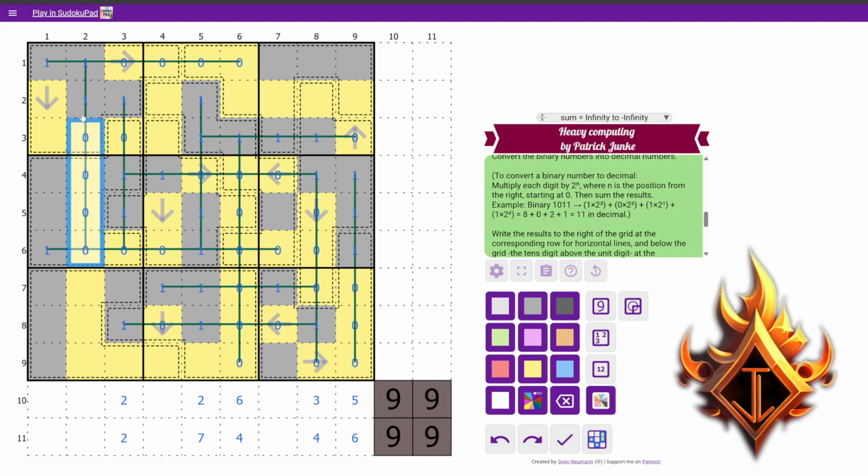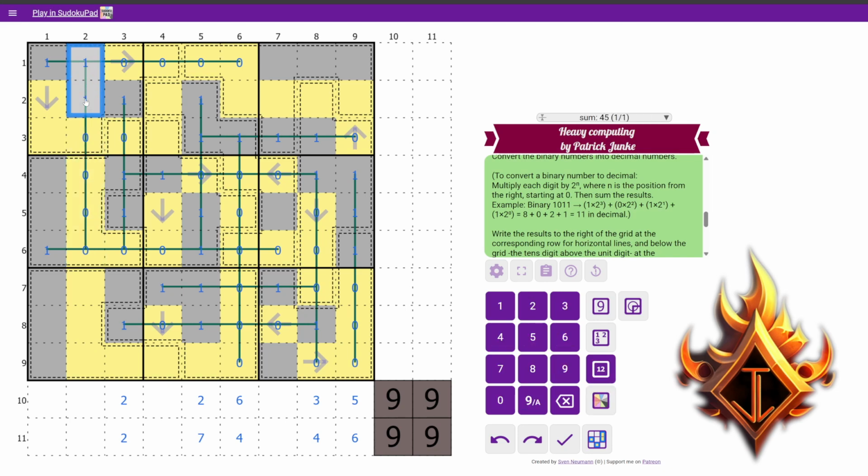And this one is 32 at the top, 16, 48, which is 1, 2, 4, 8, 16, 32, 48.